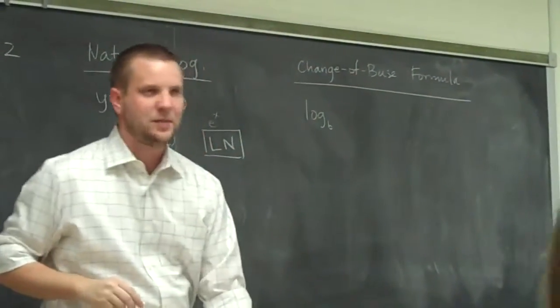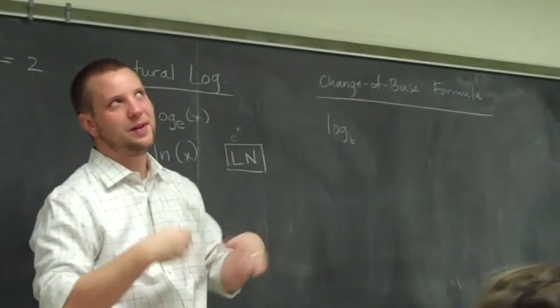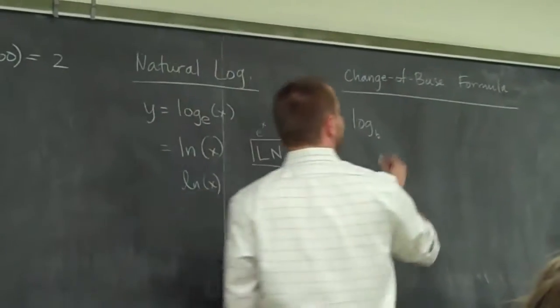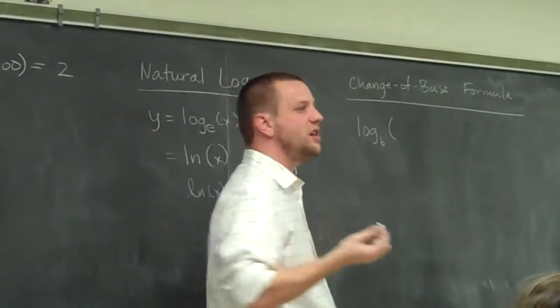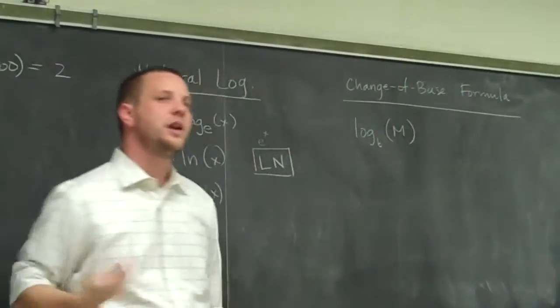Let's call this the log base b, and b can be anything, any number that it's allowed to be. Like, it can't be negative, it can't be 1, it can't be 0. It's log base b of, let's just call it a capital N, something that I'm trying to take the log of.